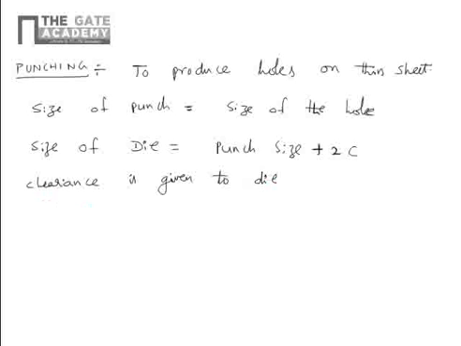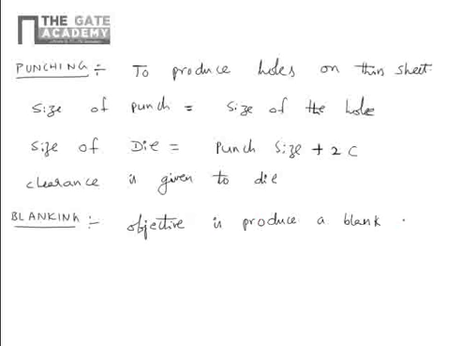And similarly for blanking. The objective is to produce a blank, so the size of the blank equals the size of the die.